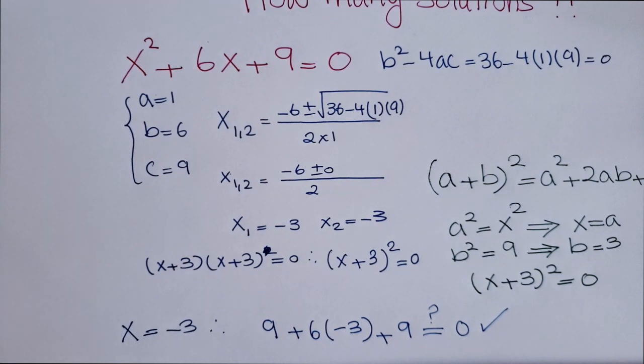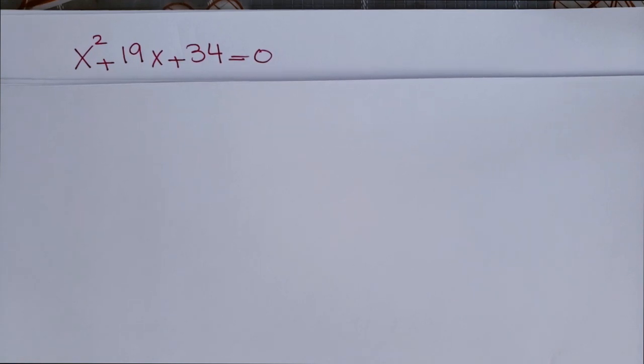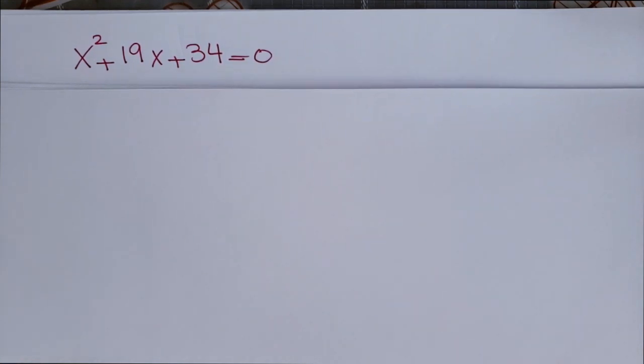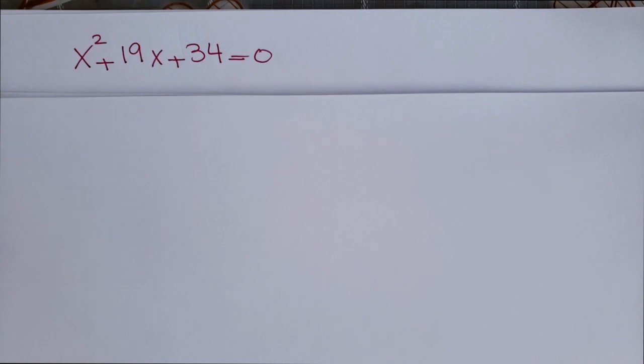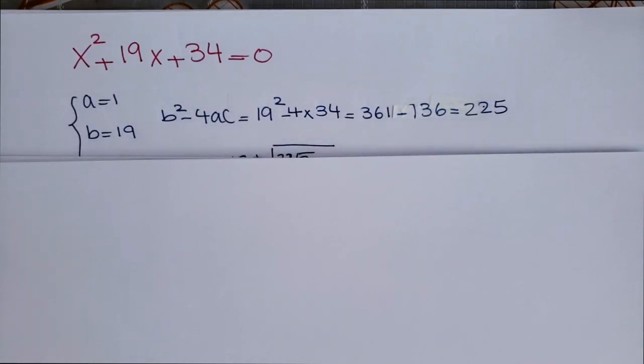Let's do another one. Let's continue with the second example. Here we have x squared plus 19x plus 34 equals 0. First of all, we want to evaluate the discriminant and see how many roots we are expecting. First thing first, we have to identify a, b, c, and then form the discriminant.